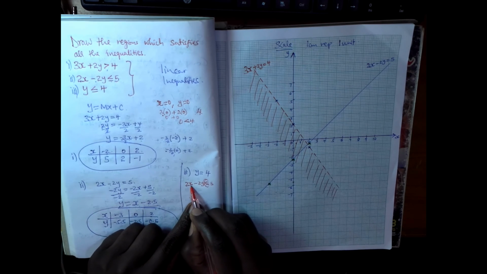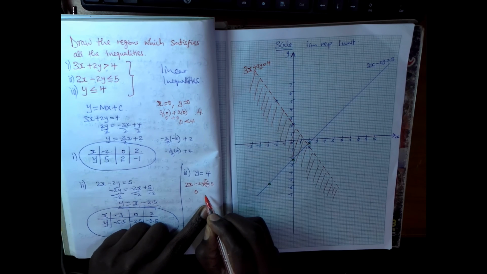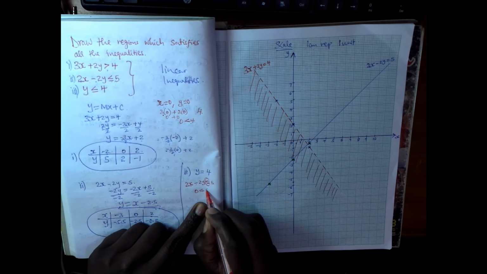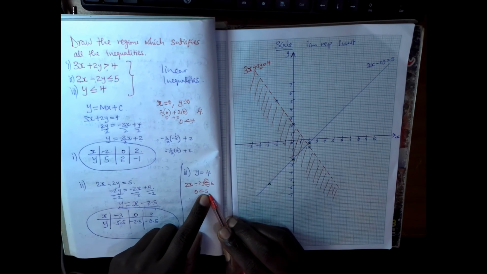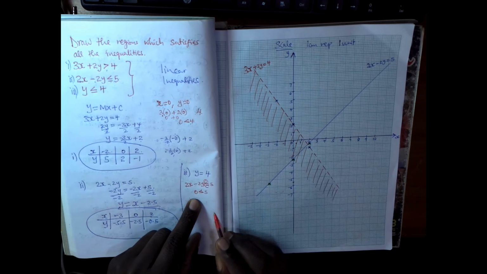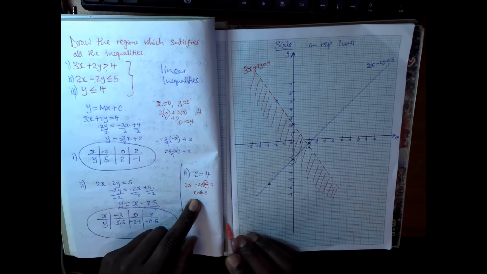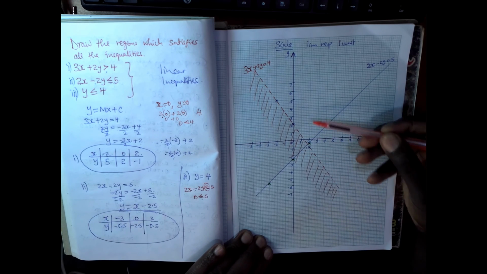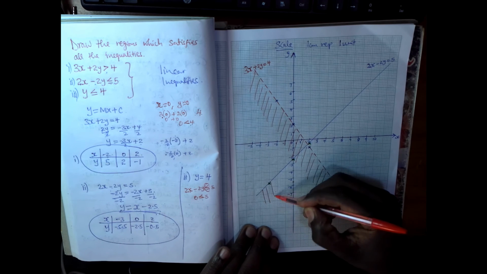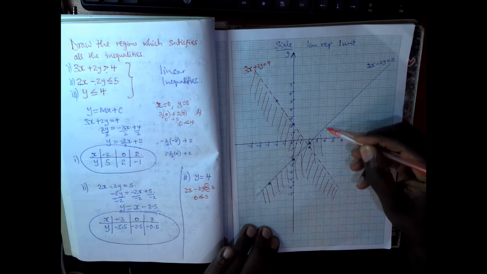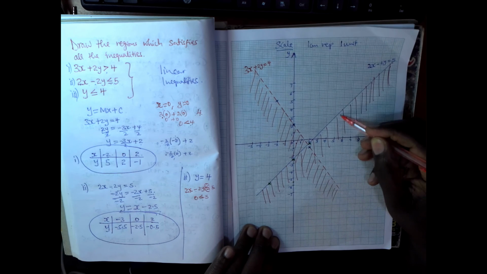So 2 times 0 minus 2 times 0, we end up getting 0 less than or equal to 5. So 0 is actually less than 5. And any point on that particular line is also included. So this is the required region. So the unwanted region is below the line. So we shade below the line that way.